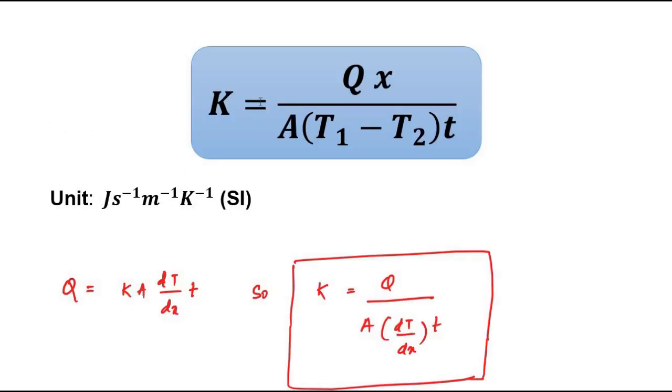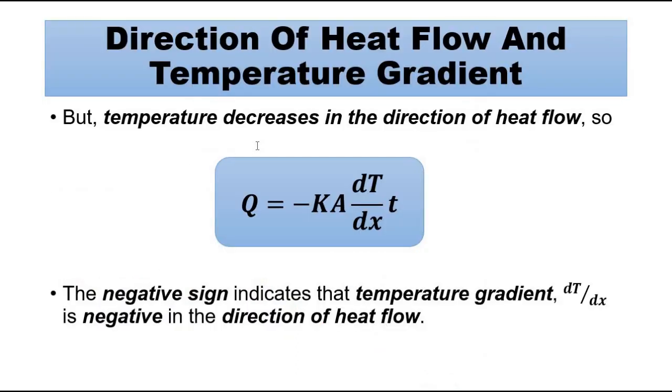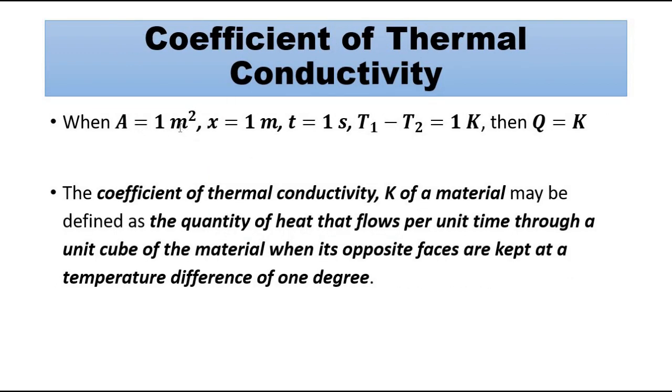The unit of the coefficient of thermal conductivity is joule per second per meter per Kelvin, because heat flow has the unit of joules, area is in meter square, separation distance is in meters, time duration is in seconds, and temperature difference is in Kelvin.